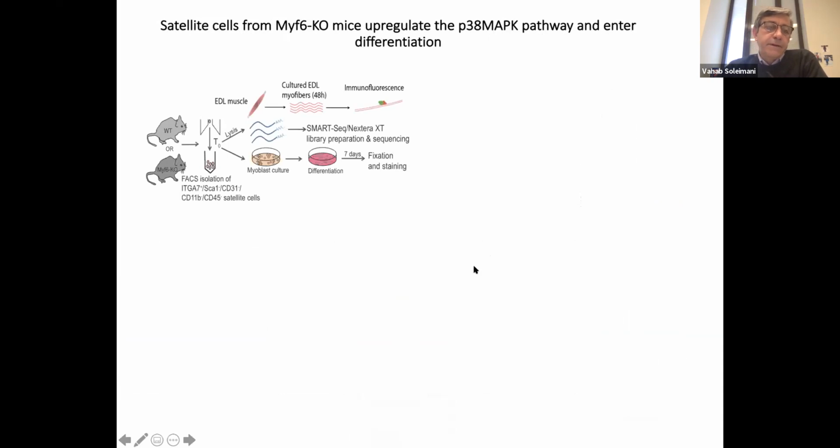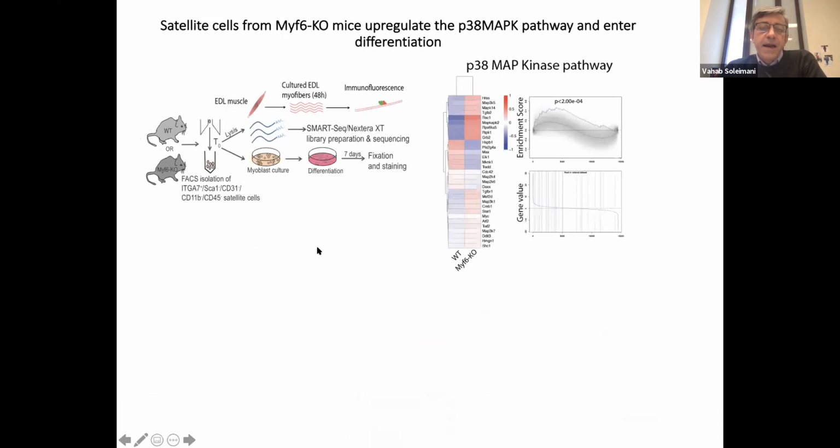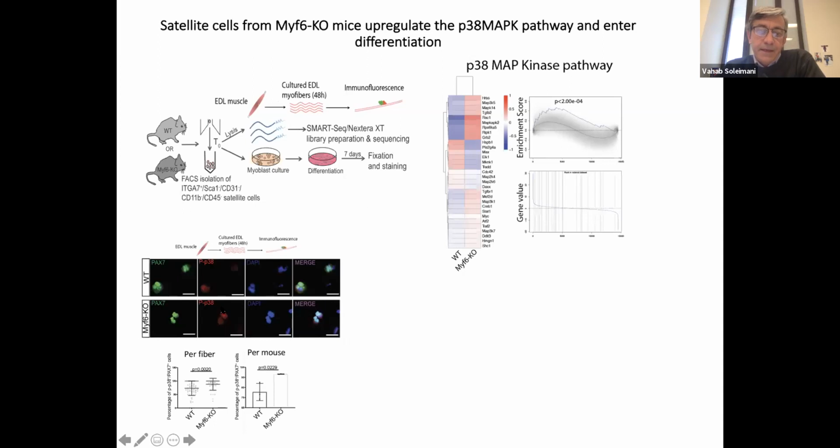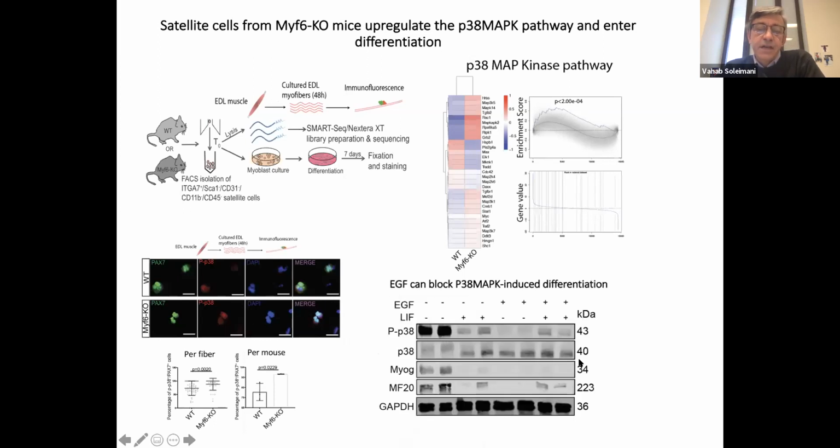And so the way we found out, we isolated satellite cells from the MIP6 KO and wild type, again using our SMART-seq technology. What we did was look at pathways that are highly differentially regulated between the wild type and knockout, and the pathway that popped up was the P38 MAP kinase pathway, which induces activation of MyoD and induction of myogenic differentiation.